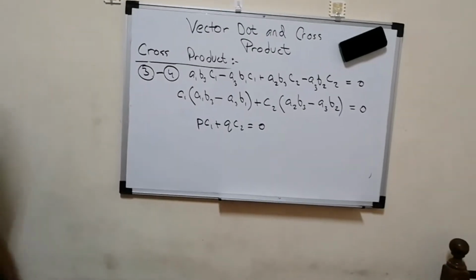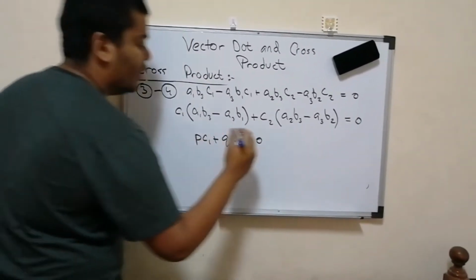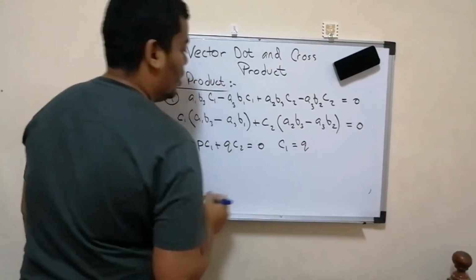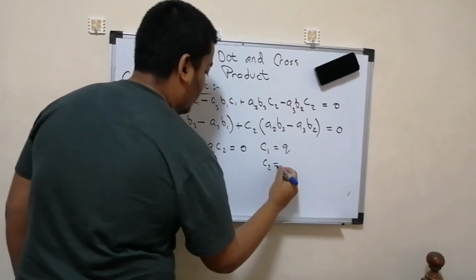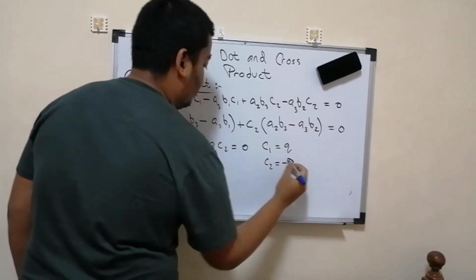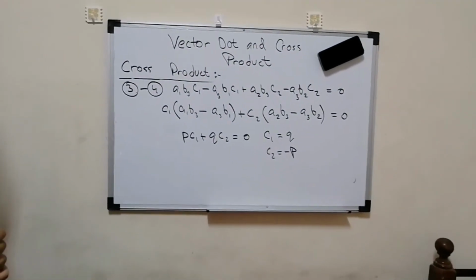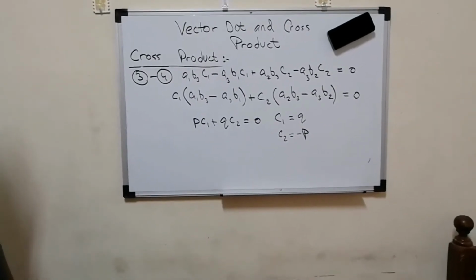In this case, if C1 is equal to Q, then C2 should be equal to negative P. So let's do that.